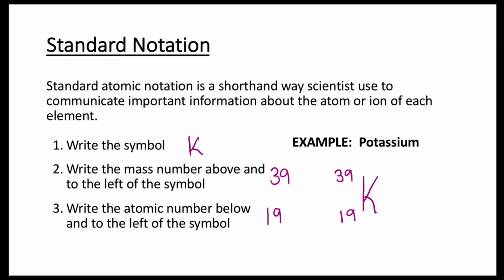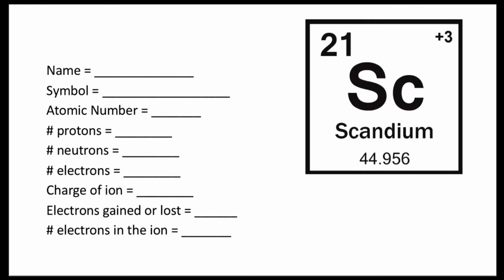I'm just going to go back to this slide to give you some information to help you get started here. So the name of the element here is scandium. The symbol is capital S and a lowercase c.